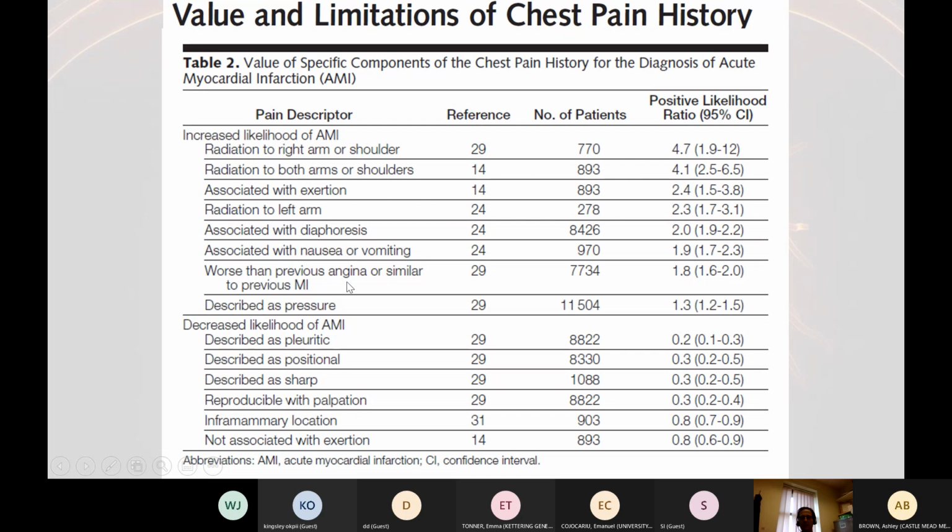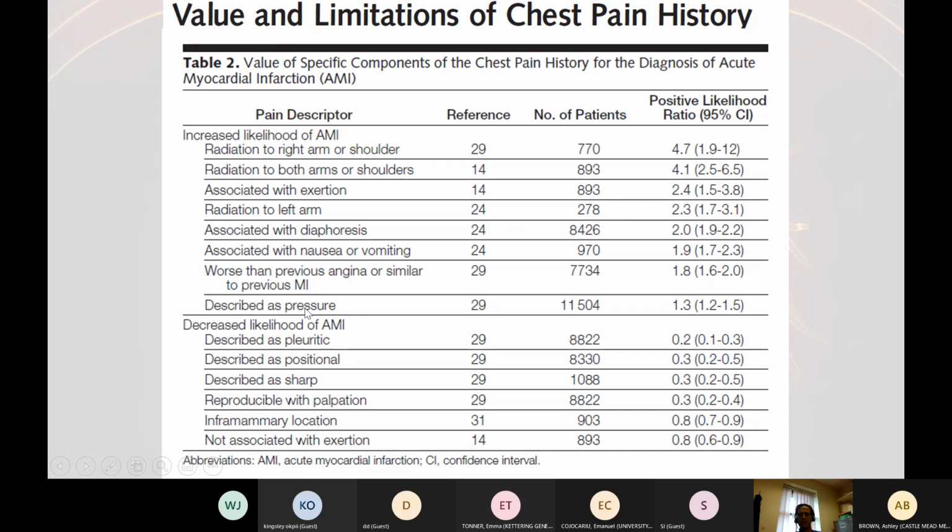Worse than previous angina or similar to previous MI, those two things are lumped together. I'm not sure that worse than previous angina is enormously helpful, but being similar to the previous ischemic chest pain in somebody with a history of coronary artery disease is certainly a useful feature.